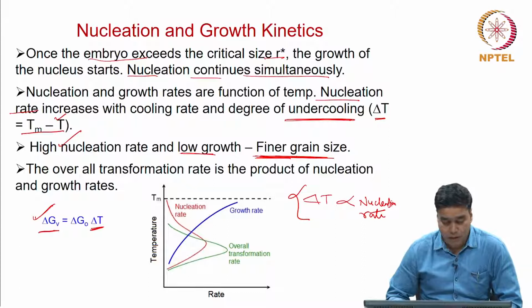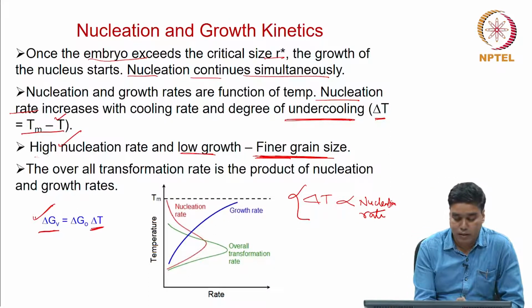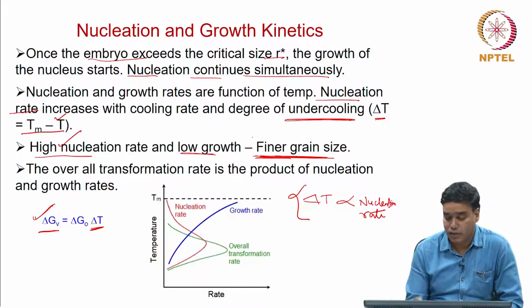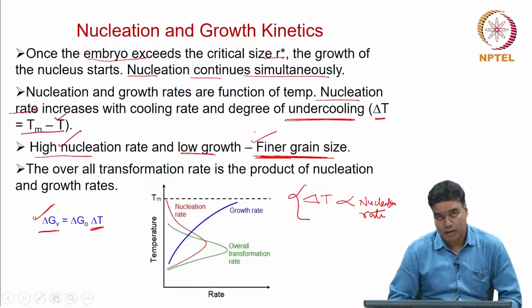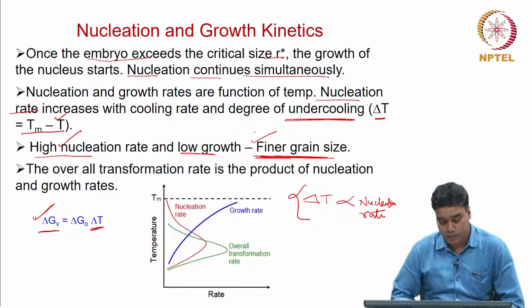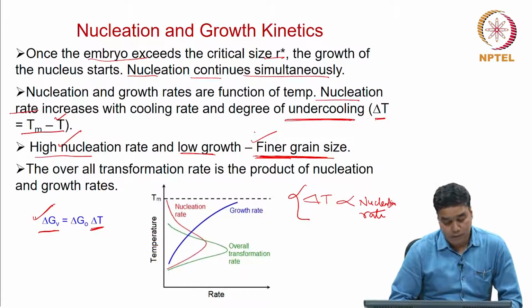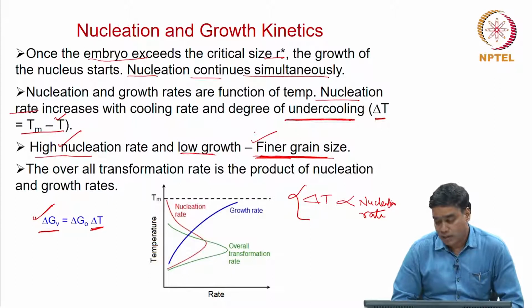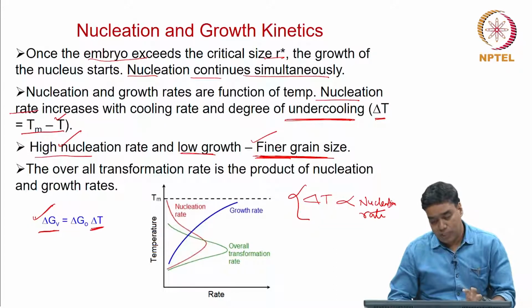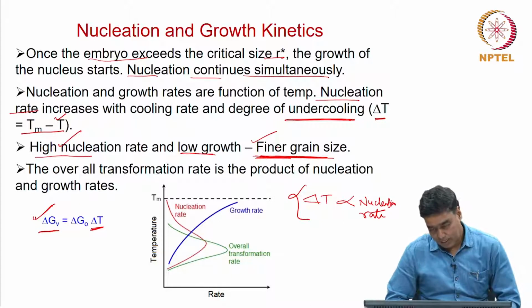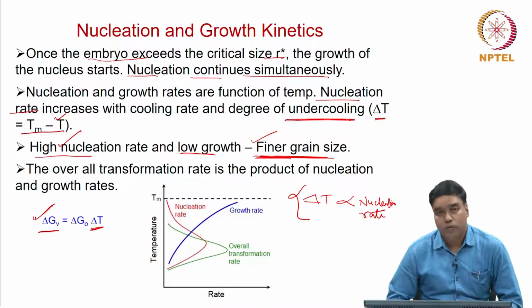And here we saw that a high nucleation rate will give rise to a finer, a more refined microstructure. Okay. So, any process condition that leads to a high nucleation rate will give rise to a fine microstructure, right. So, that is one way of looking at it as to how to control the process parameters to tune the microstructure. Okay.